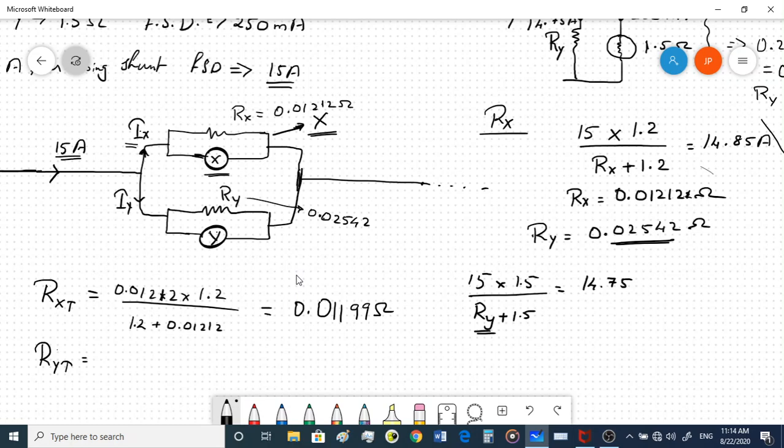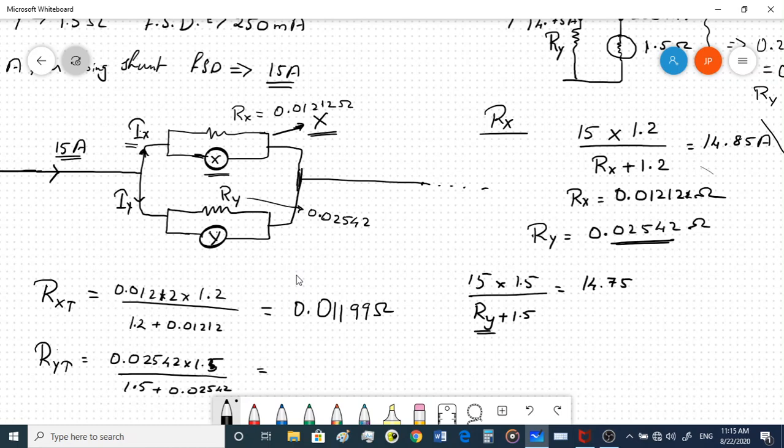And the total resistance of Y meter with the shunt resistance will come out as 0.02542 into 1.5, where 1.5 is the meter resistance, divided by 1.5 plus 0.02542, R1 R2 by R1 plus R2.